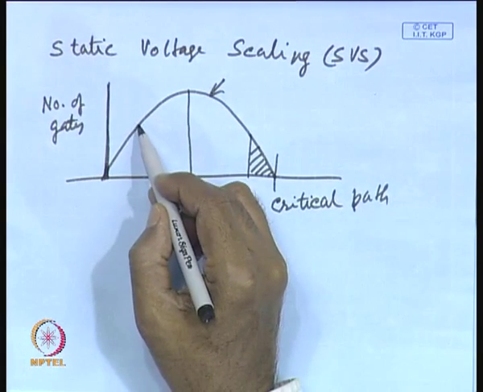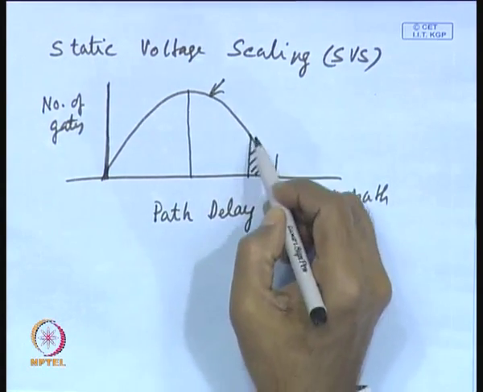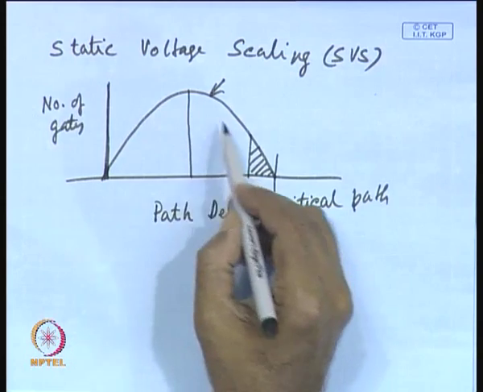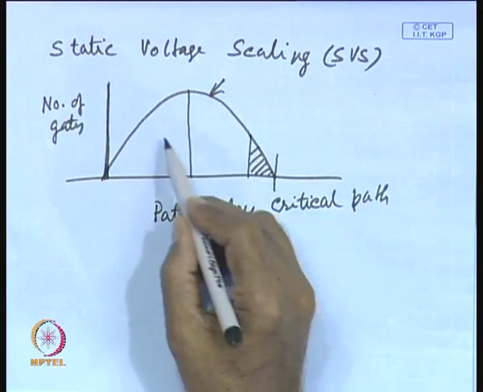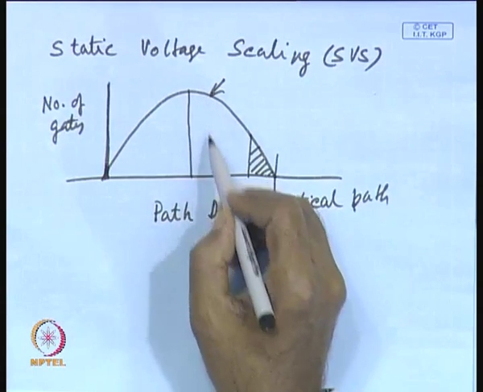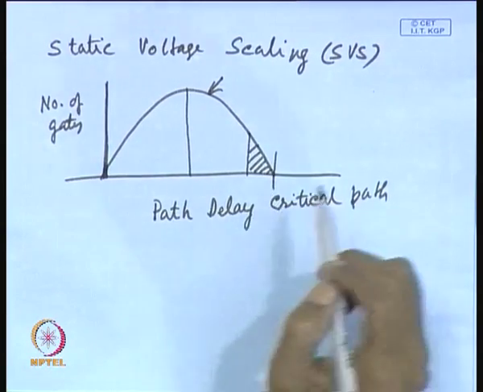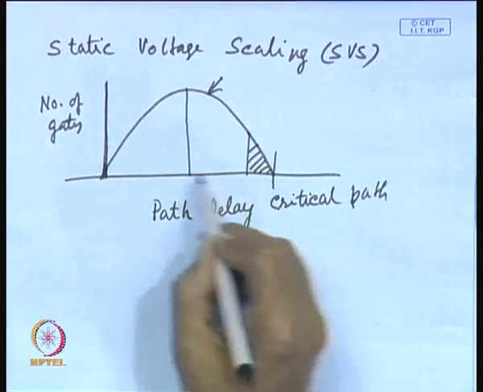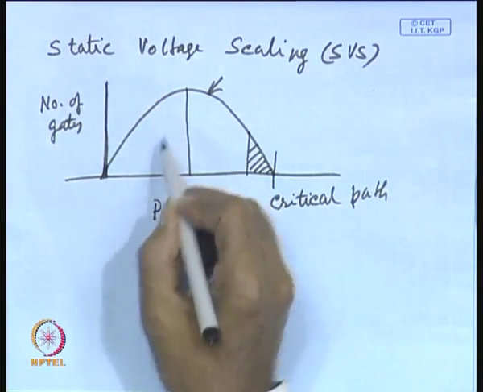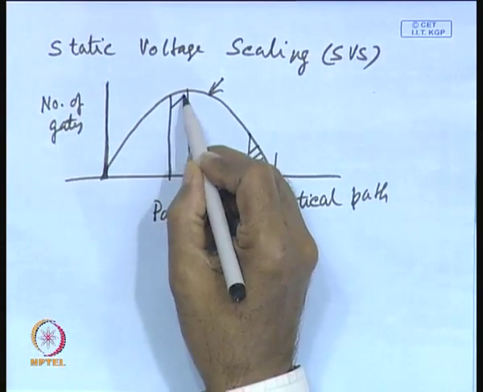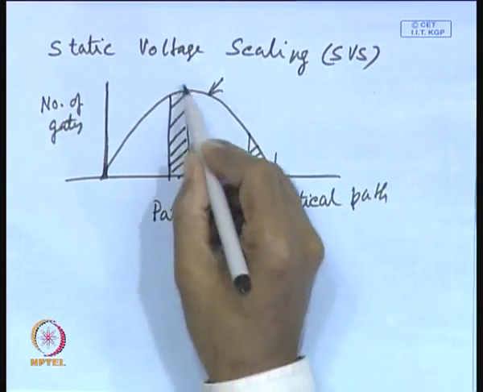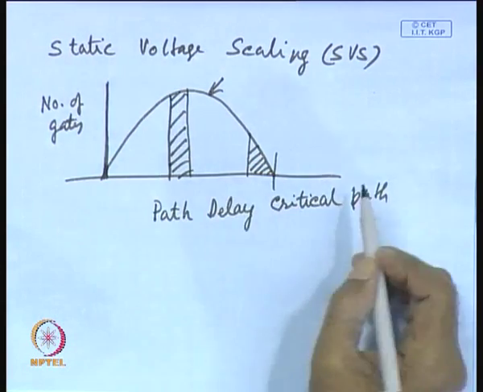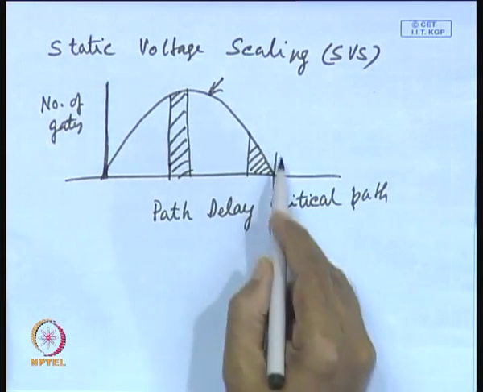That means you have a large number of paths and different gates on different path delays, and accordingly you can assign voltages. These gates are in the medium range of delay path. Now, how is this curve modified whenever you go for multi-level voltage scaling?